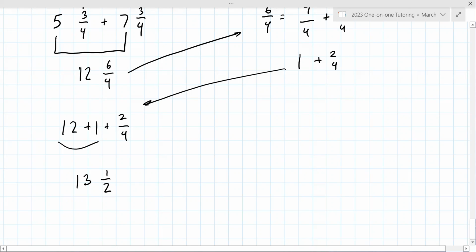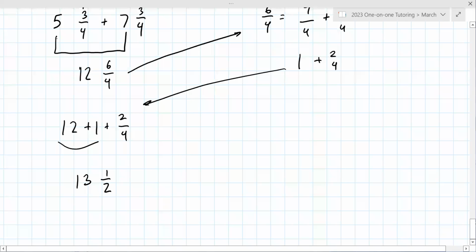Okay, let's try another one here. Let me know when you get all that down. Okay, I got it down.